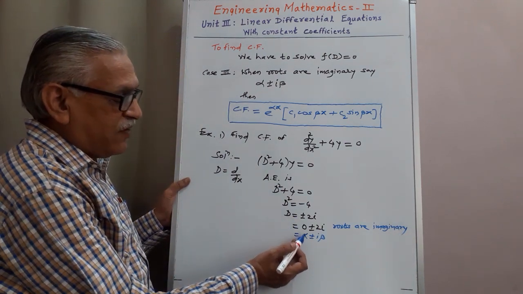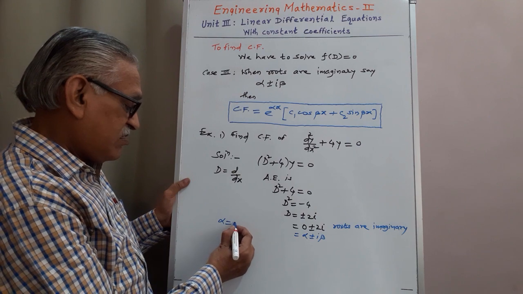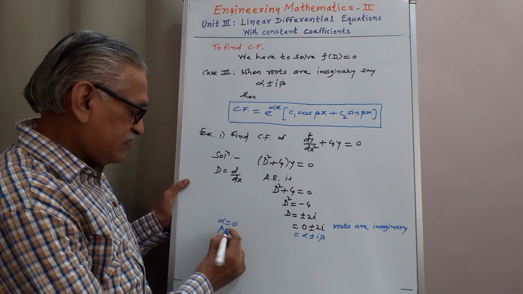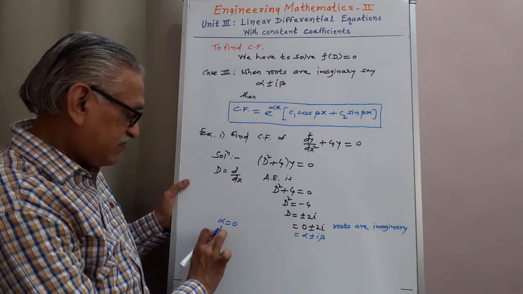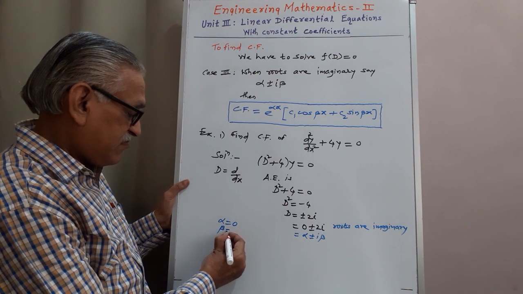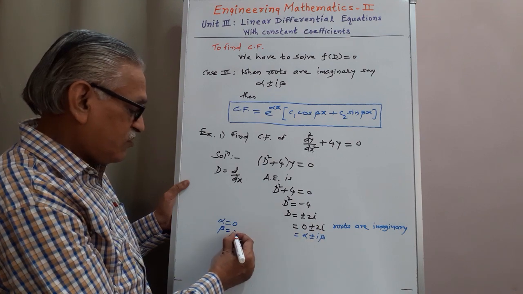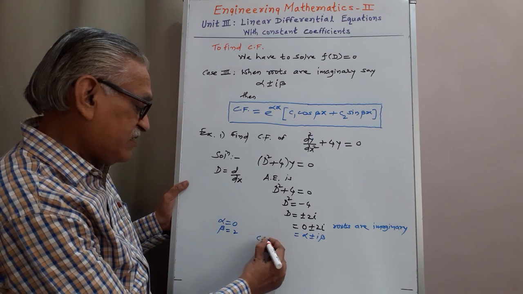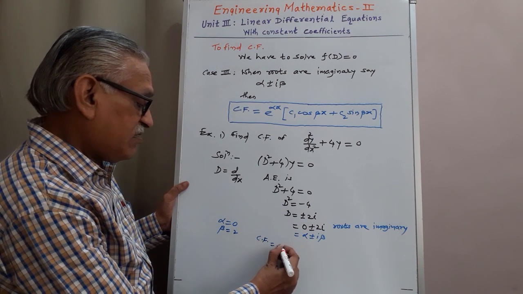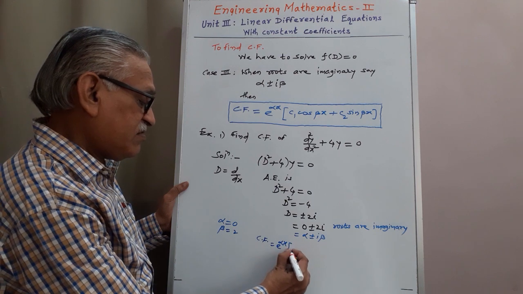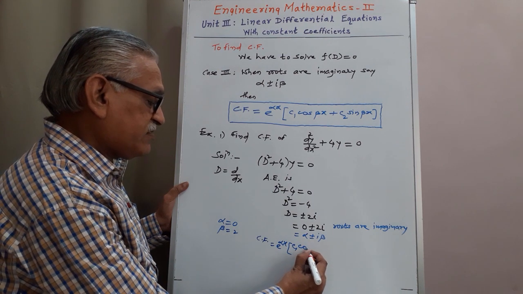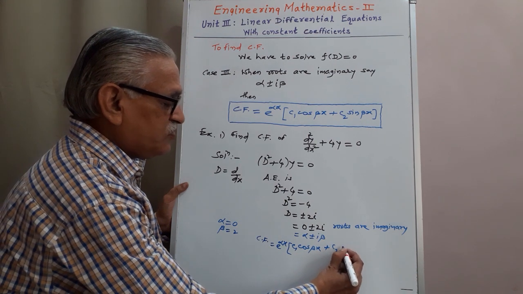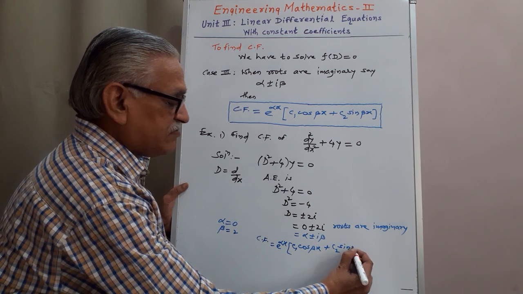And therefore, here alpha is the real part, that is 0. Beta is the imaginary part, beta is here 2. And then the complementary function is given by e raised to alpha x into (c1 cos beta x plus c2 sin of beta x).